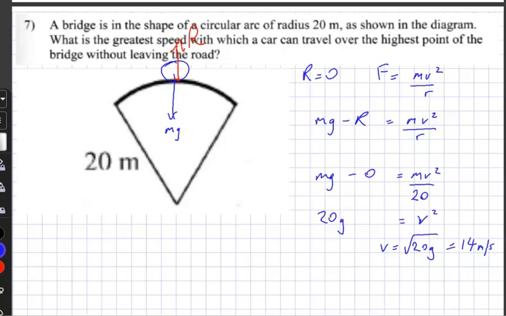So if it's going faster than 14 meters per second, then it's going to lift off. Basically, it's going to leave the road. If it's going at a speed less than or equal to 14 meters per second, it's going to stay on the road and just carry on over the bridge.